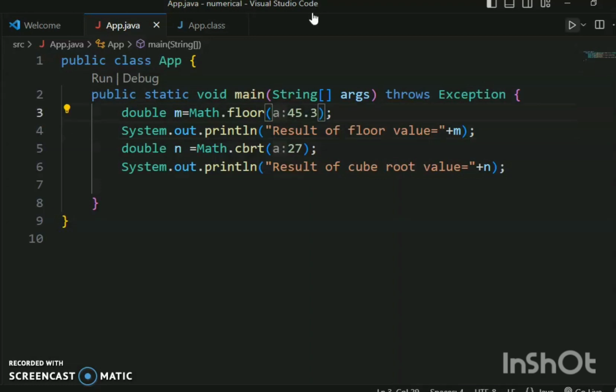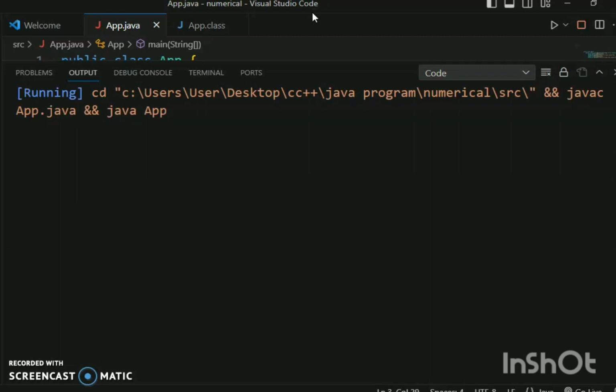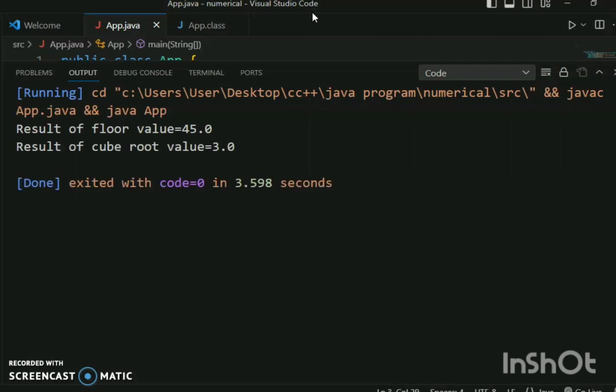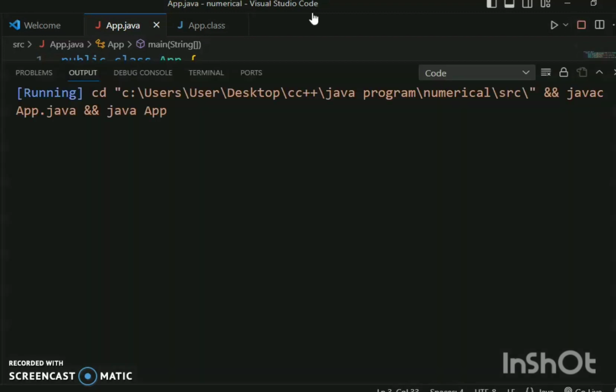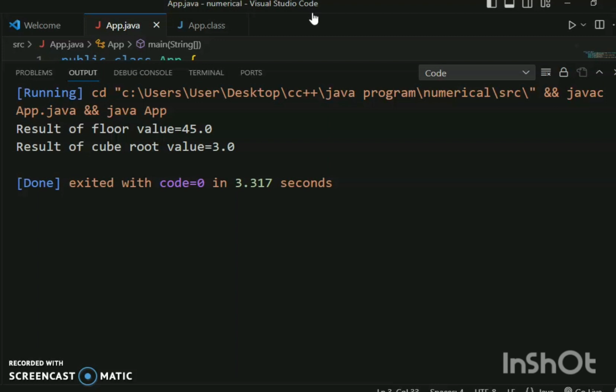In programming we will see what is the value in the floor function. Floor function gives 45. Now again we see that if I write 45.9 here, we get the same result. So I hope you can get some idea what the floor function is.